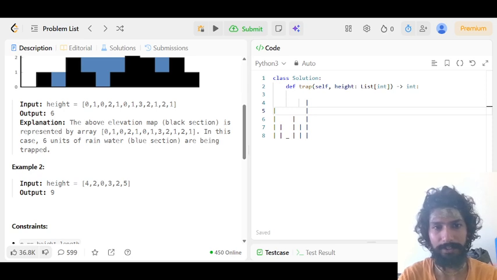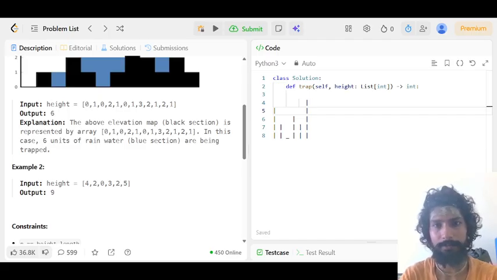Let's think about this. Water can only be trapped when there is a sufficient tall bar on both sides. For every position, the amount of water stored above it depends on the tallest bar on its left and the tallest bar on its right. So this is a very big intuition.